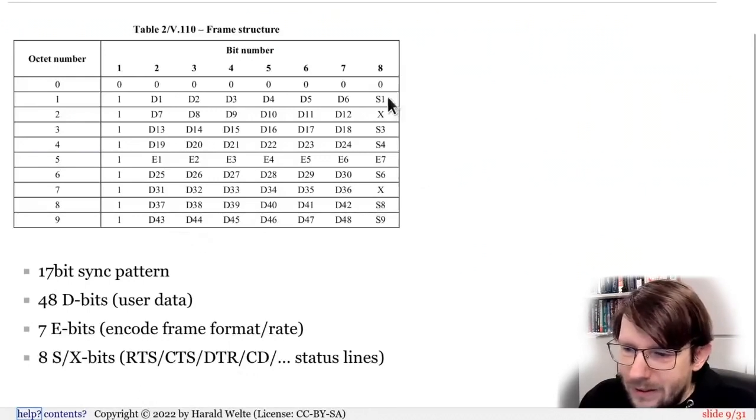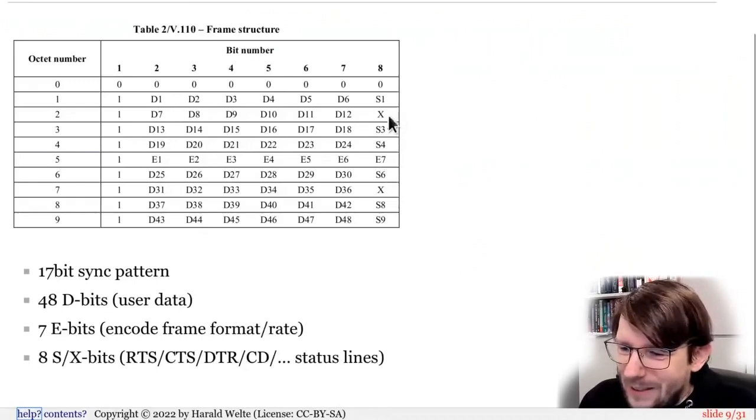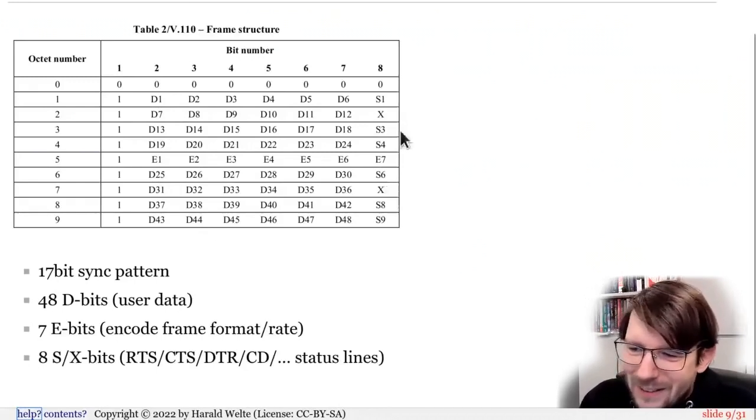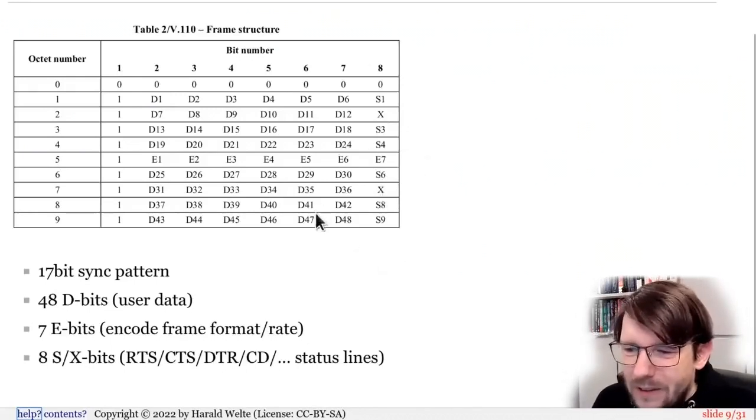So these bits are here: S1, X, S3. It's quite interesting that for all the other bits you have E1 to E7 or D1 to D48, but for the S bits you have no S2 and you don't have S7. They just renamed them to X or something, I don't know, but S2 and S7 basically don't exist, and instead you have X bits. I'm not sure why they have such inconsistent numbering. But that's how the frame looks.